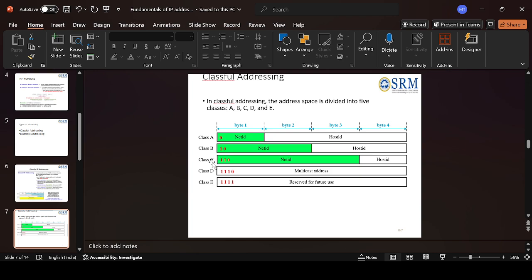For class C, it starts with 110. In class D, it starts with 1110. And for class E, it starts with 1111. Looking at these starting values, you can differentiate whether it is class A, B, C, D, or E.